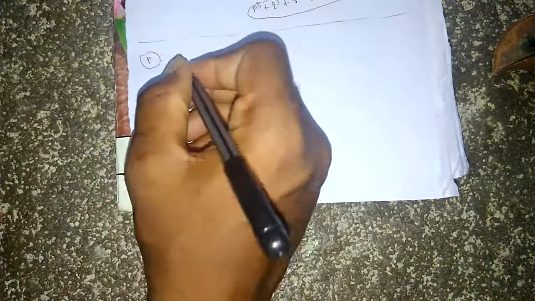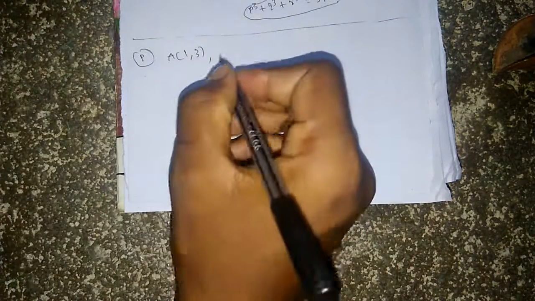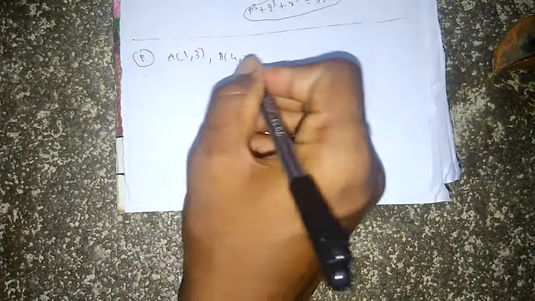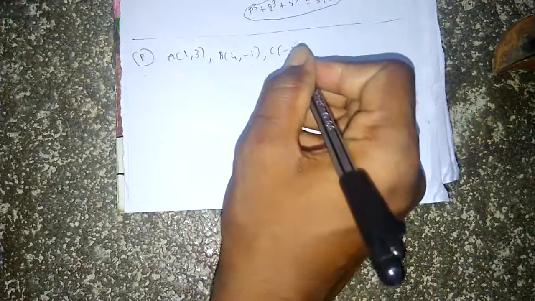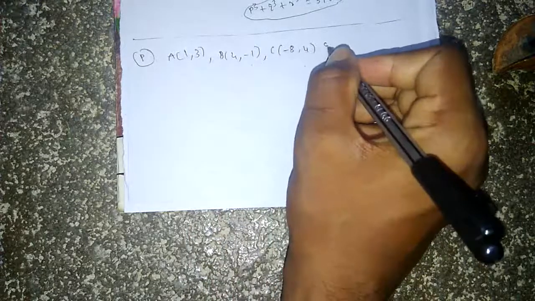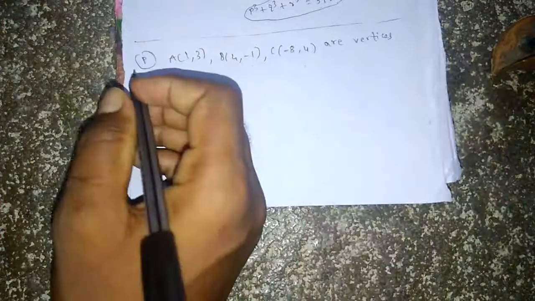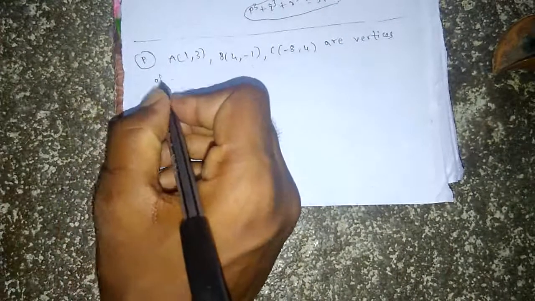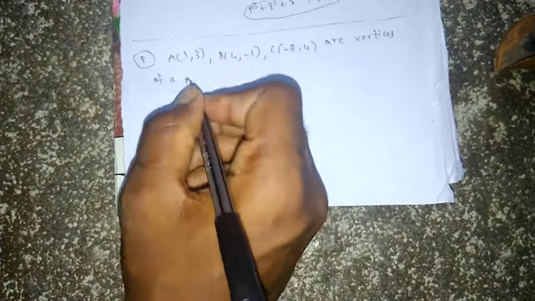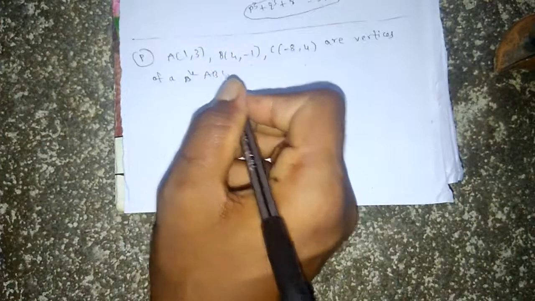Our next problem: A is (1, 3), B is (4, -1), C is (-8, 4), the vertices of a triangle ABC.